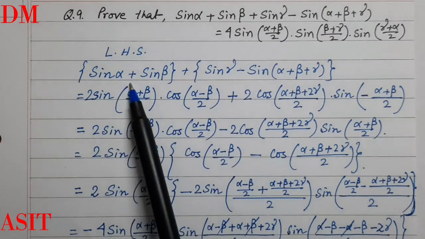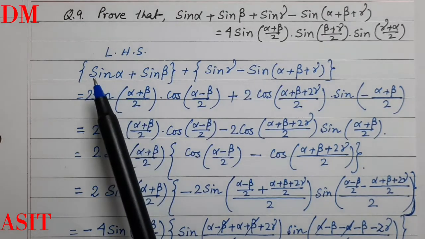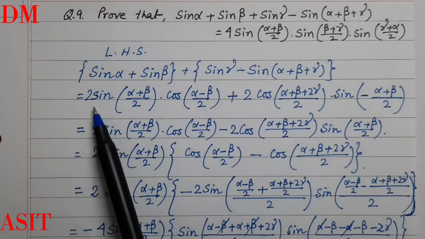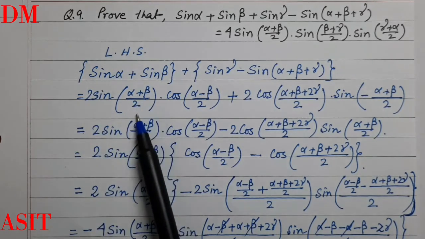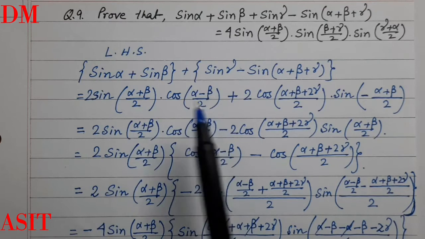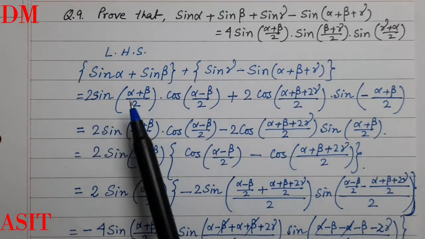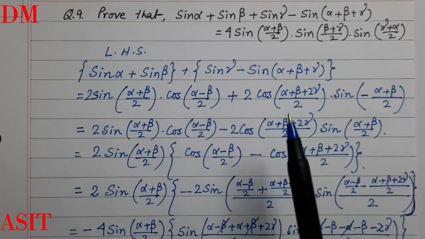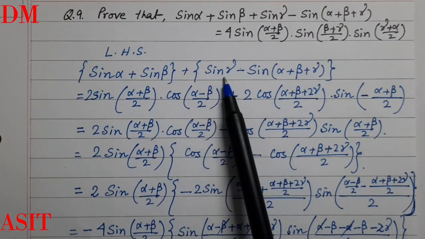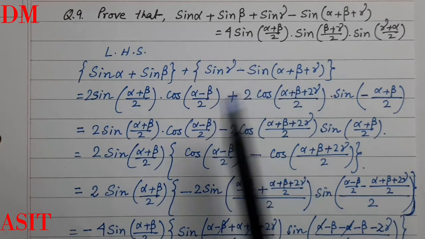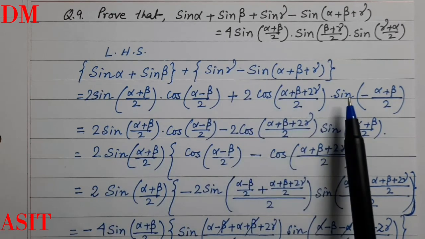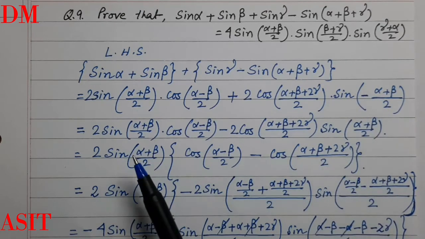Now we can use the formula here. It is the formula of sin A plus sin B. So the formula is 2 sin (alpha plus beta) by 2 into cos (alpha minus beta) by 2, that is 2 sin sum by 2 into cos difference by 2. Now this is sin A minus sin B form, so this will be 2 cos sum by 2 into sine difference by 2.